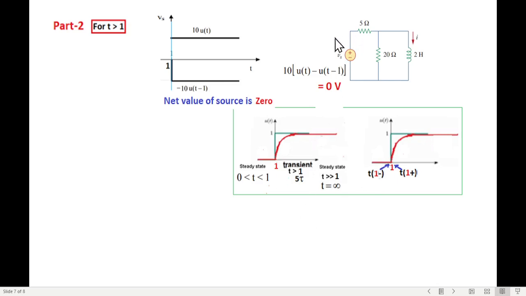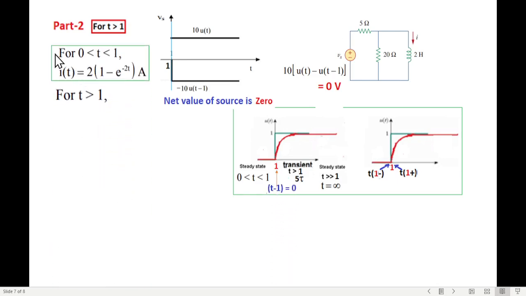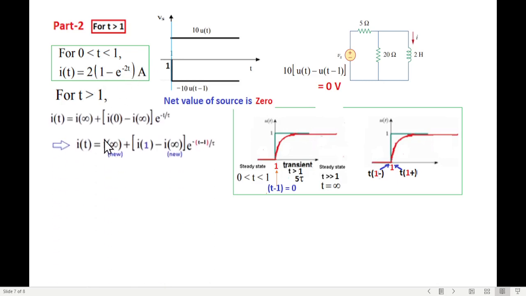And we don't know the conditions actually, but we know what was the current before here. So we'll use that current. This was the equation for the current before this point, before 1. And if we put here t is equal to 1. Now this was again the current equation that we have to find.